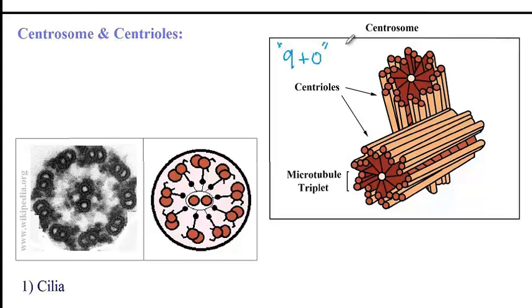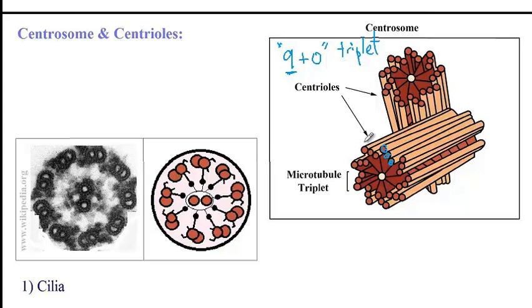9+0 triplet pattern. And what I mean by 9+0 triplet patterns is that we have 9 of the triplet microtubules. So here we have 1, 2, 3, 4, 5, 6, 7, 8, 9. 9 triplets. And since there is none at the center, we call it 9+0.